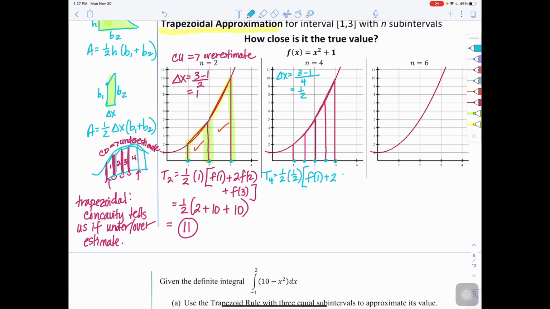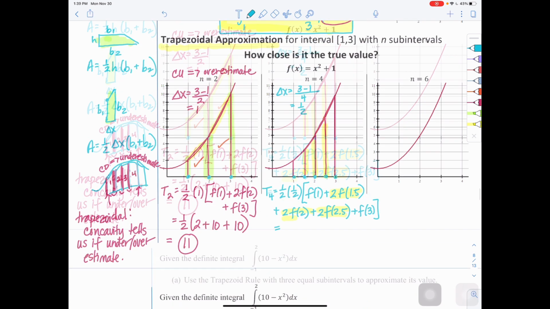So 2f of 1.5 plus 2f of 2 plus 2f of 2.5, and now just 1 f of 3, okay? So doubles on the inside, I call those the interiors, and then just singles on the end. So if you can go ahead and add those.